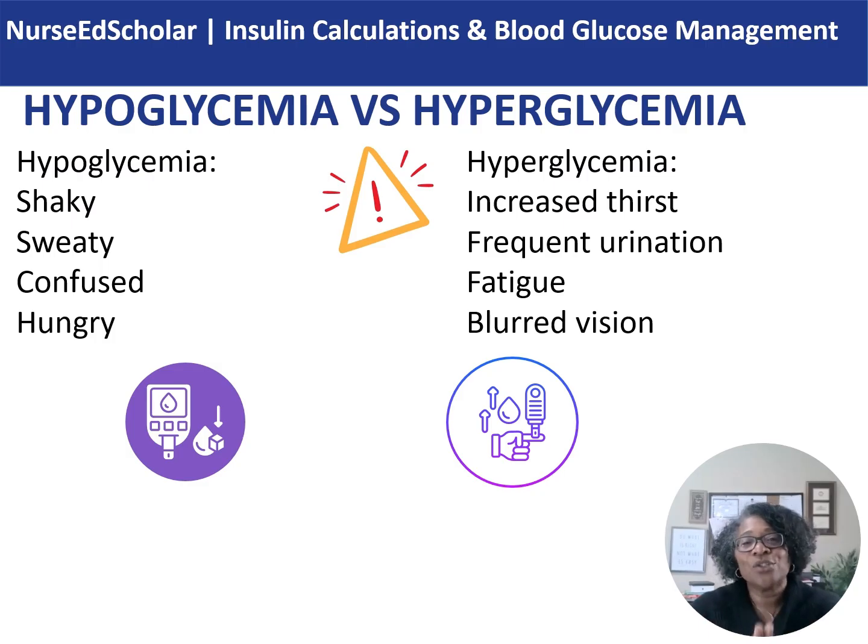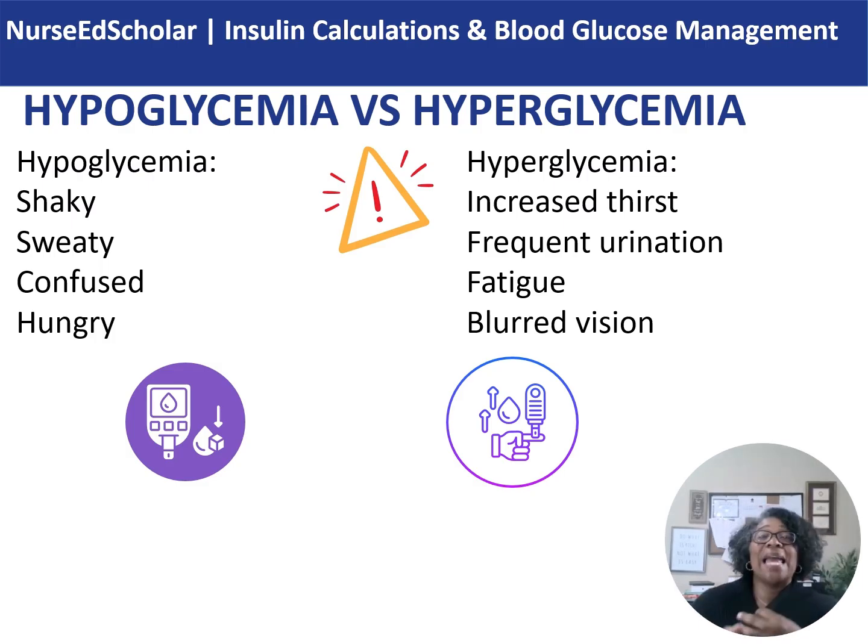But I'm saying this right now when we're talking about hypoglycemia: if you recognize the signs, even if the person doesn't have a diagnosis of diabetes, or isn't receiving any kind of anti-glycemics, insulin, metformin, those medications, the person still can develop hypoglycemia. So it's always good to know the signs and symptoms. I just want to throw that in there.